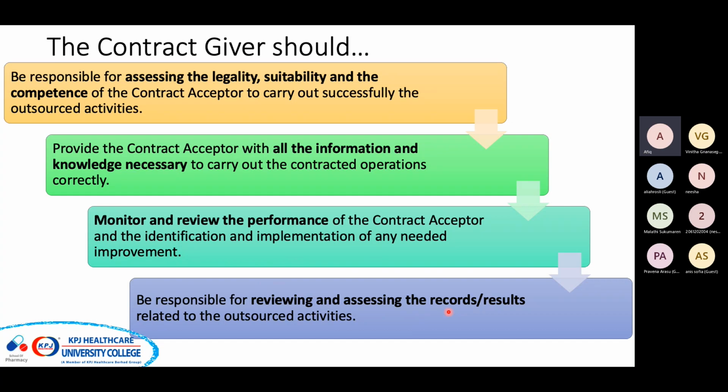So this is all information that has to be kept, and the contract giver also has to review to see if it is correct as intended. Okay, and the results, if the product underwent quality control checks, they have to check the results as well.